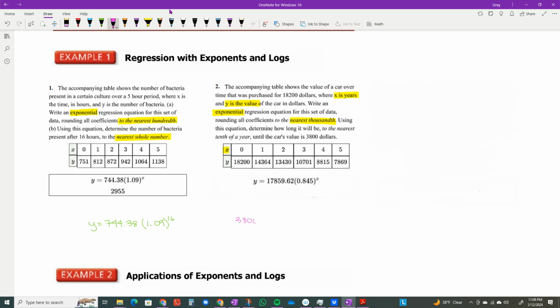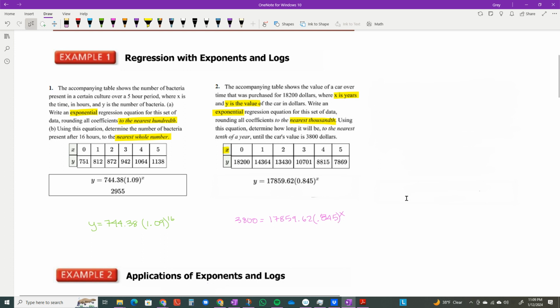So I got 3,800 equals 17859.62 to the 0.845x. We're looking for x because we're looking for how long.